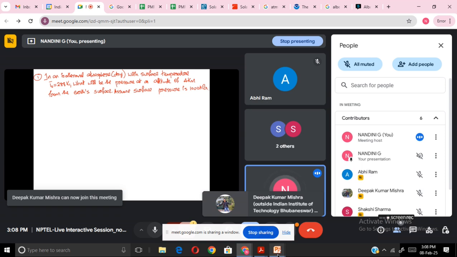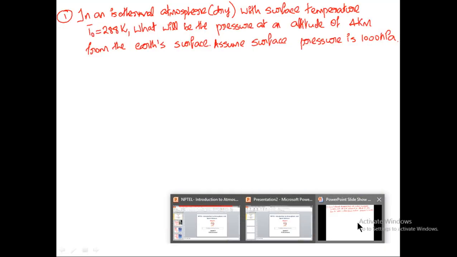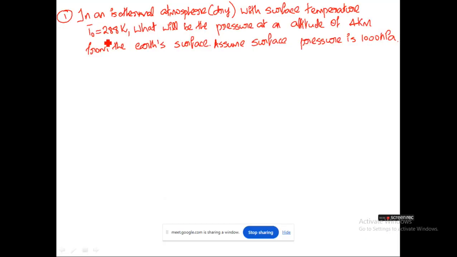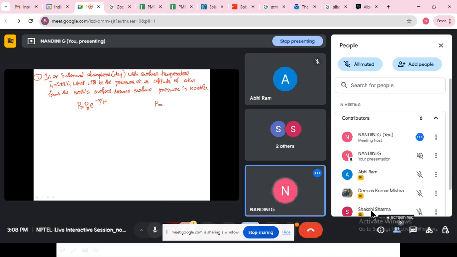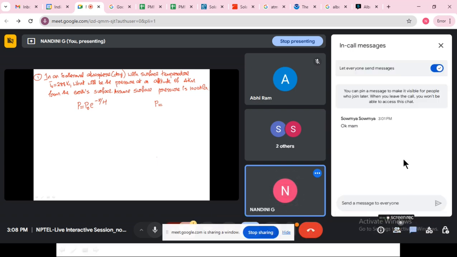In this question they have already given that it is an isothermal atmosphere, so we have to use the equation P is equal to P0 e raised to minus Z by H. Can you tell me what these terms are? What is P? Do you remember this equation?